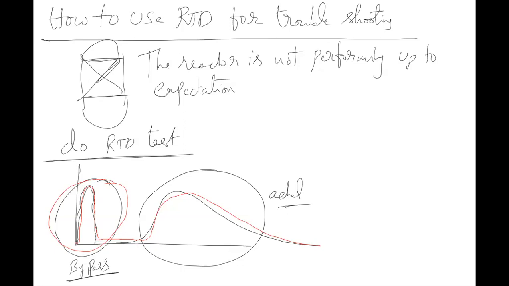Suppose channeling and bypass are both less the same. Suppose I have an RTD something like this.